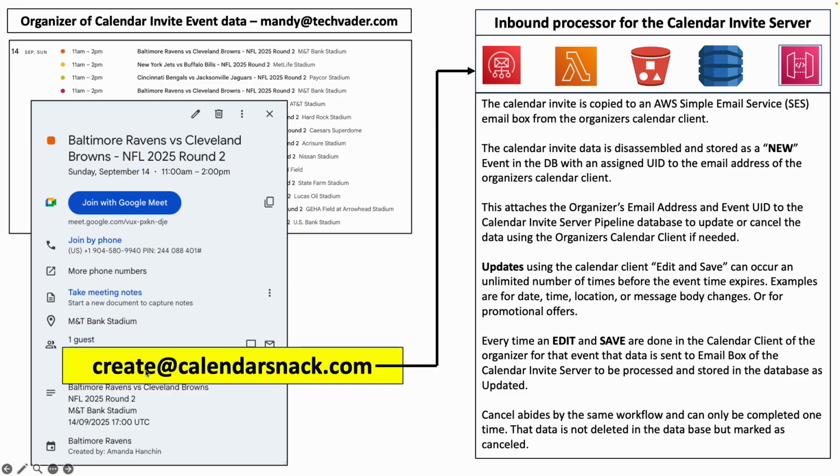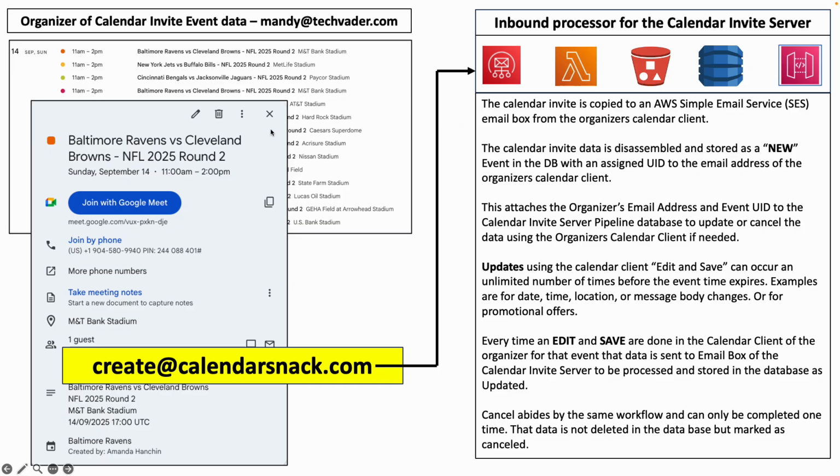As an organizer, you send it to this create at calendarsnack.com, and this email box becomes the step where the calendar invite data is disassembled and stored as a new event in the database, and then a UID is assigned to the email address of the organizer's calendar client.